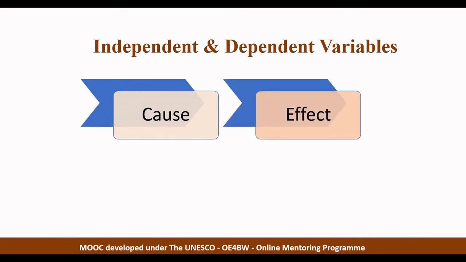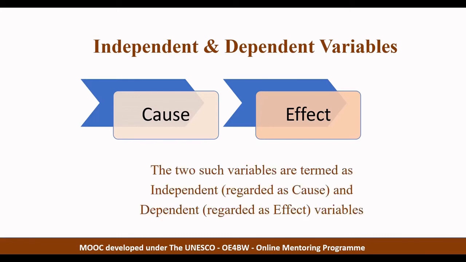The variable of concentration of the drug is the cause and the resultant rate of inhibition is the effect. The two such variables are termed as independent, which is regarded as cause, and the dependent, which is regarded as the effect variables.